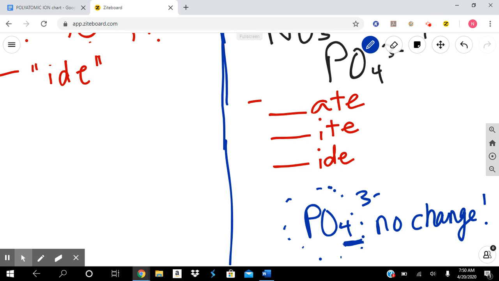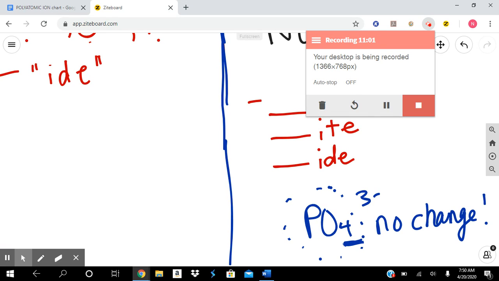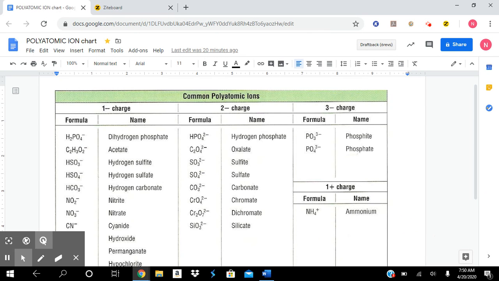If we go back and if we look at this chart right here, you can see that here we have something ending in ite and ate, nitrite, nitrate. The only difference between the two is one oxygen.